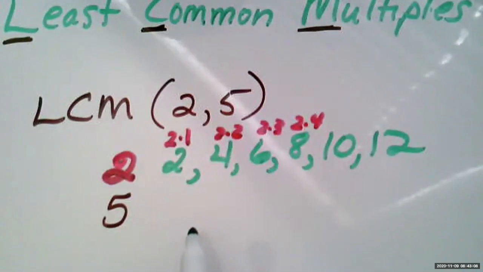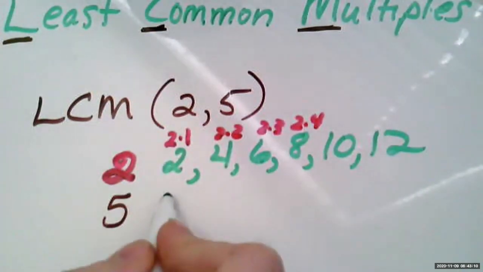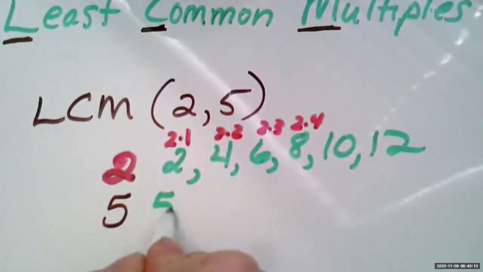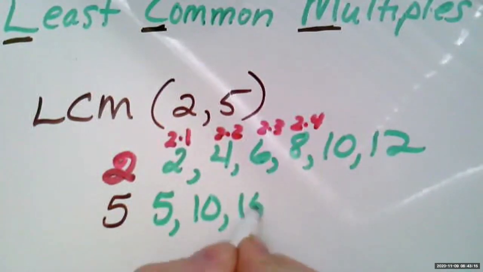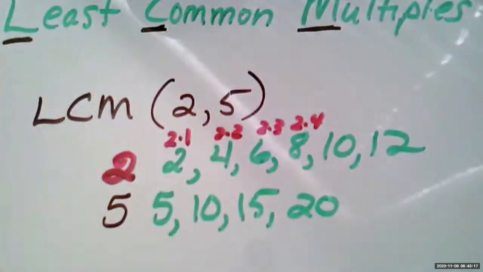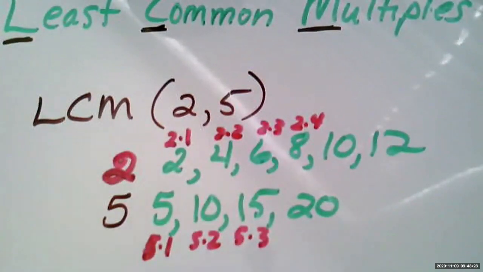How are you going to start counting? Start with the actual number itself. Start with 5, 10, 15, 20, and you could go on and on because, again, these are multiples of 5, meaning you're multiplying: 5 times 1, 5 times 2, 5 times 3, and you can continue multiplying these numbers.